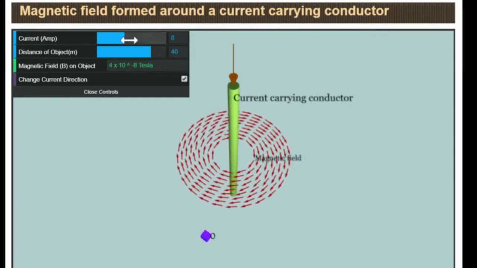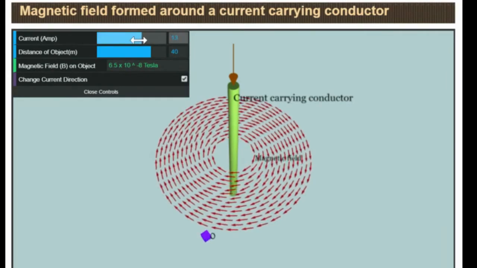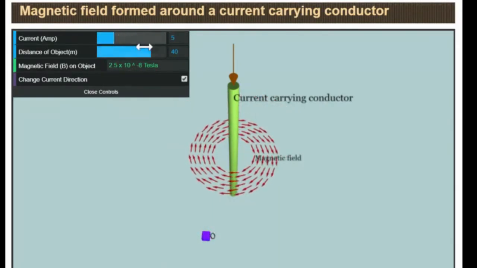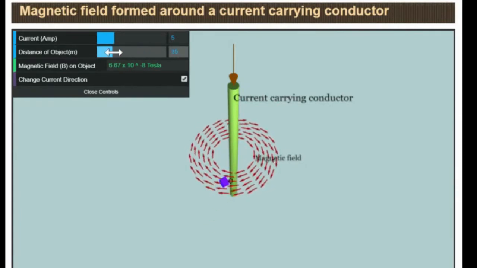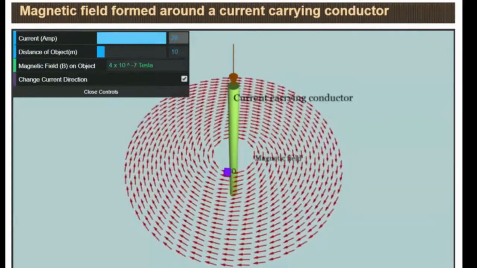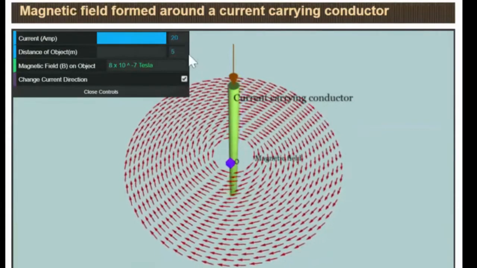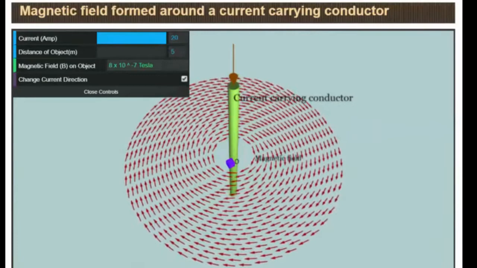So it's pretty weak. If I increase my current, you can see how that value goes up. Or if I move that point closer to my wire, then my magnetic field strength gets bigger and bigger and bigger. The biggest I can probably make it is if I get it 5 meters away from my object and I ramp up my current to be 20.